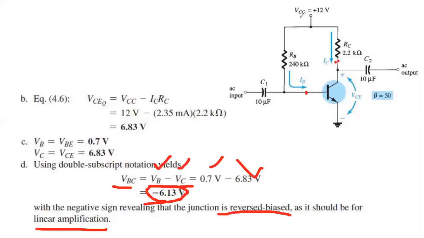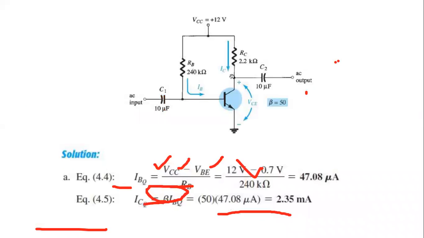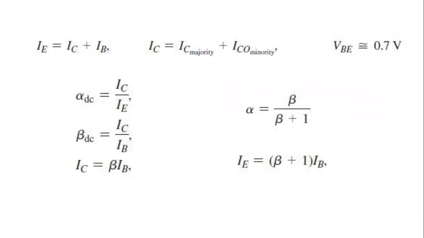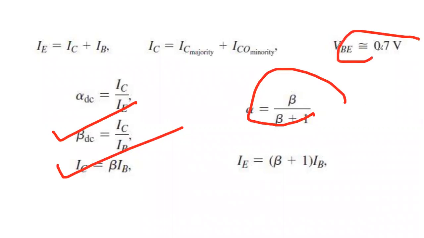So in this way, we will solve the transistor problems. It's very easy, just some basic equations we learned. These equations are very, very important, my student. We used this equation directly, we used this equation directly, we used this equation directly.